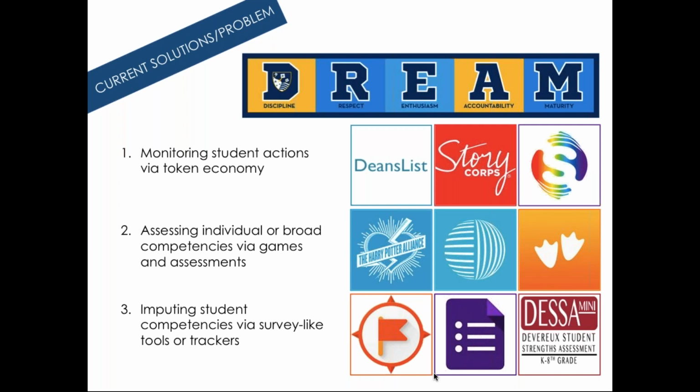Another way you can do this, which would be represented by all the other different buttons on the slide, is by developing your own scope and sequence of different ed tech platforms that you want to use to measure different things. So for example, you could in one day go to StoryCorps to assess or instill empathy in your students. You can go over to Stop It to provide students with an avenue to report bullying and things like that to raise accountability.